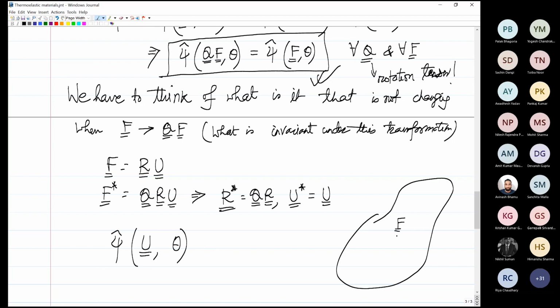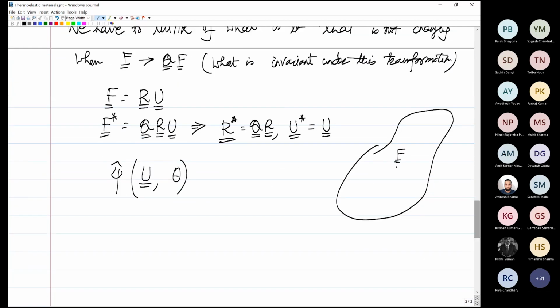Okay, so that's indeed a very nice restriction, isn't it? And you also know that U is the same as the square root of C, isn't it? And actually C is also not changing when F changes to QF. C star, which is F star transpose F star, is equal to C, right? So it's easier to say that psi hat has dependence on C and theta.